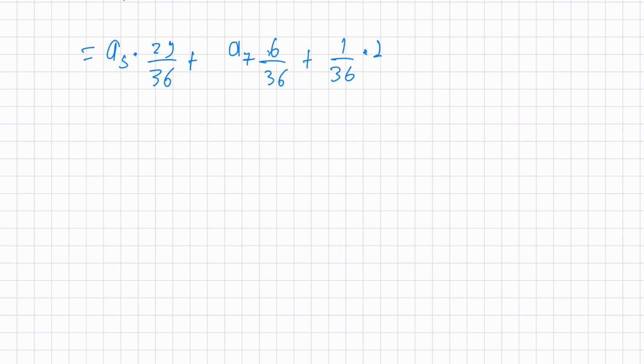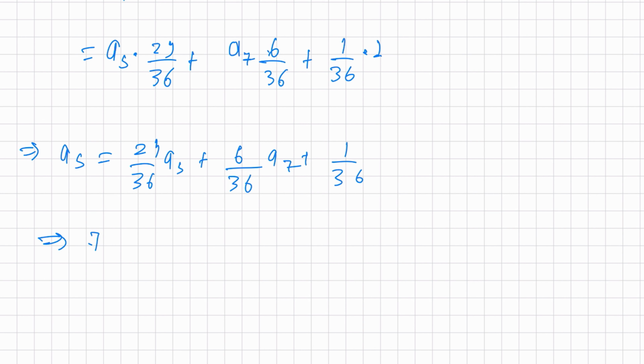Okay, so let's see finally what this equation becomes. This is equal to AS, 29 by 36 AS plus 6 by 36 A7 plus 1 over 36. And I can just put this here. This becomes 7 AS by 36 equal to 6 by 36 A7 plus 1 over 36.